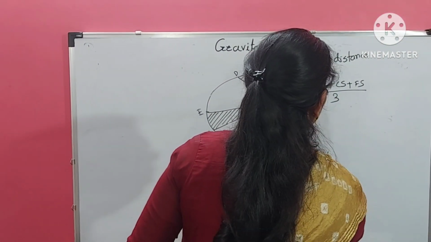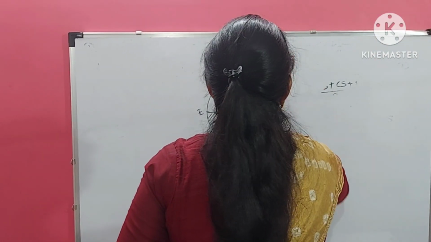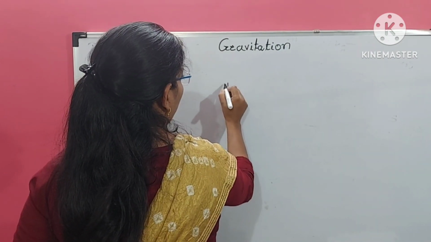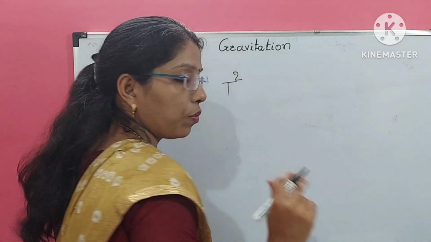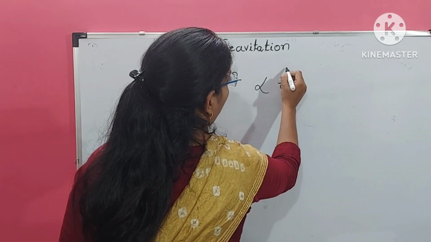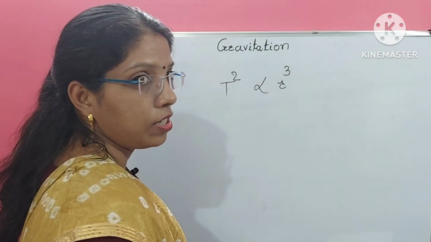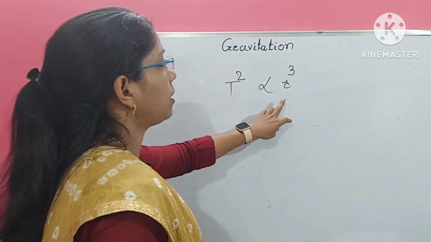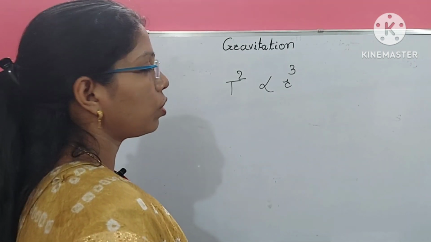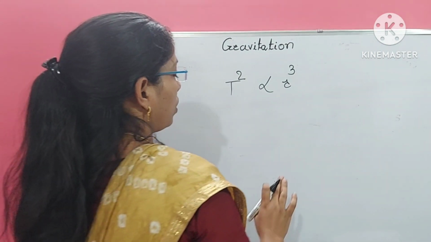So we will state the third law. The square of the period of revolution of a planet is directly proportional to the cube of the mean distance from the sun. Suppose the mean distance is r, and the period of revolution is T, the time required to complete one complete revolution around the sun.